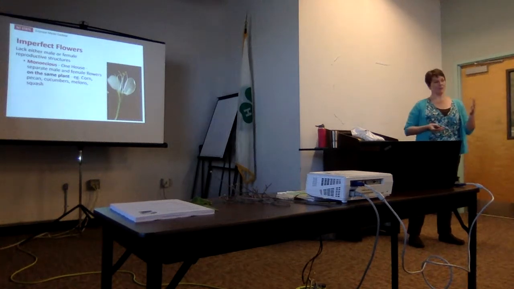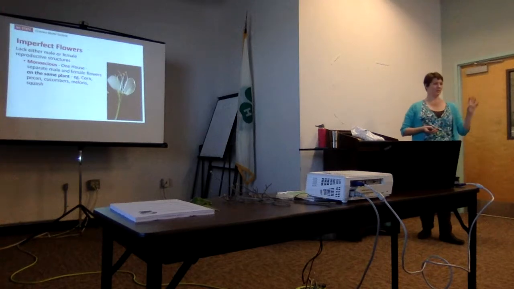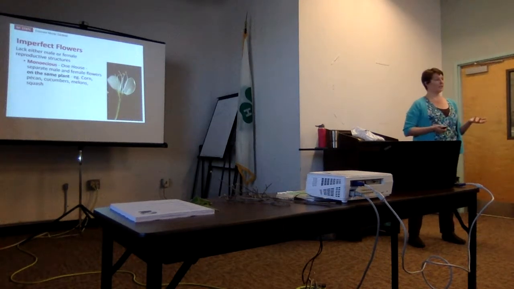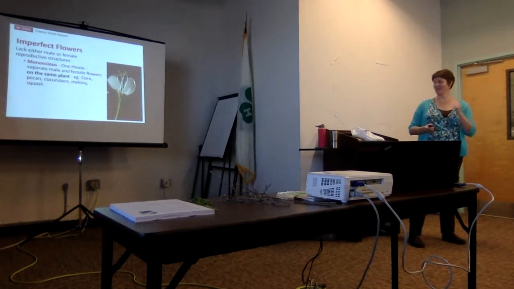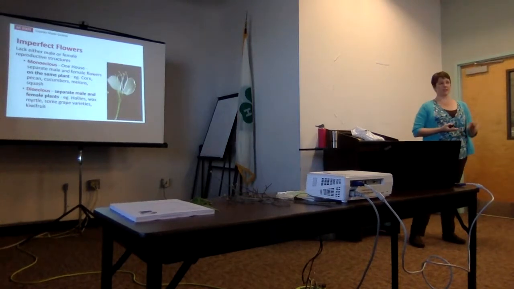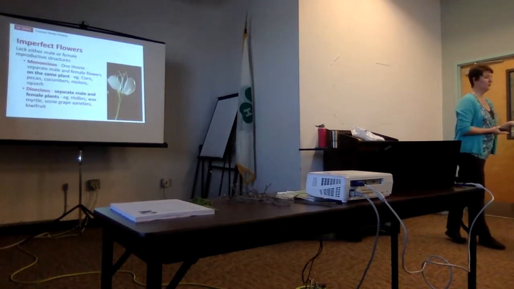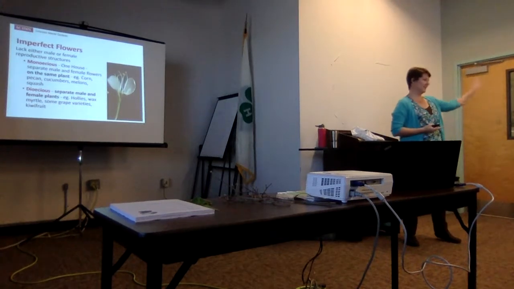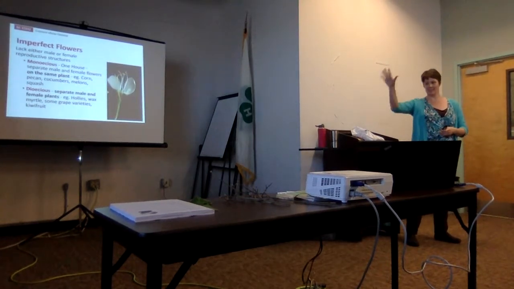It has male and female flowers on the same plant, although some are only male and some are only female. So things like cucumbers, all of our cucurbits and melons: some flowers are male and some flowers are female. In other cases, we actually have dioecious, so two houses. This is where you had a divorce, and the males live on this plant and the females live on this plant.